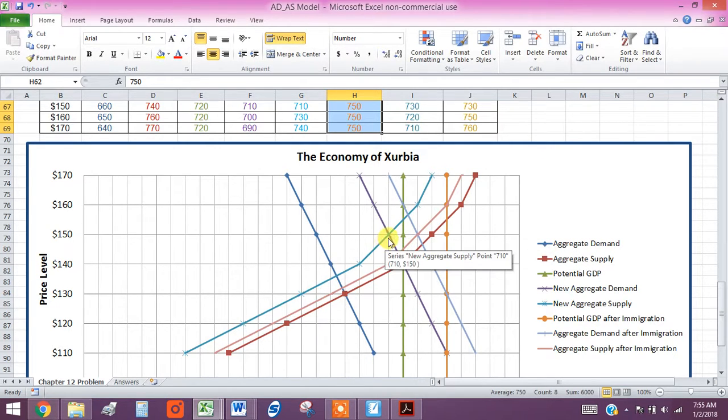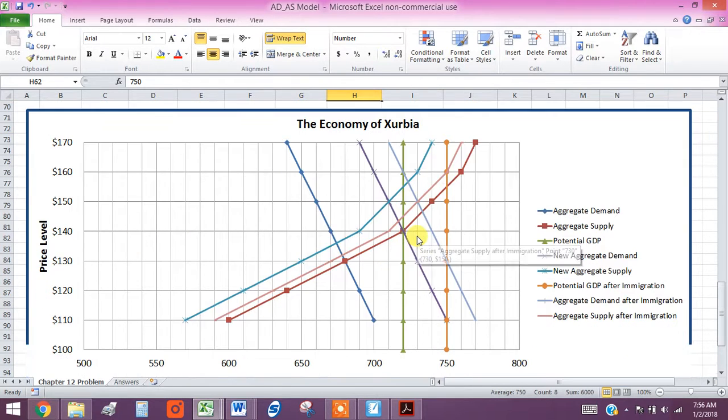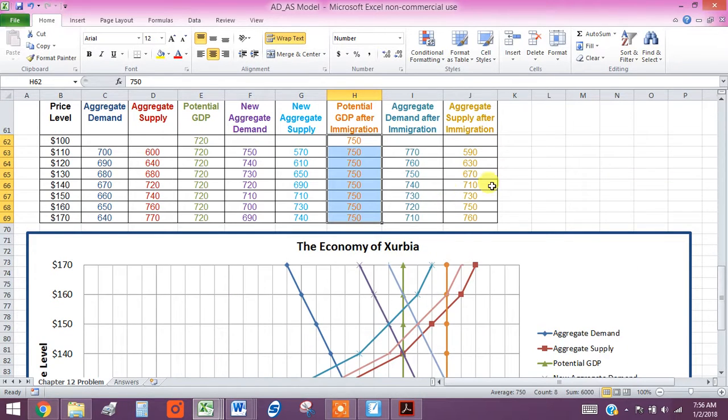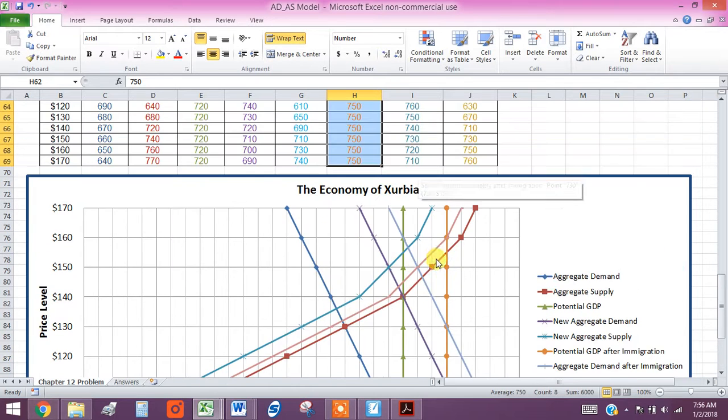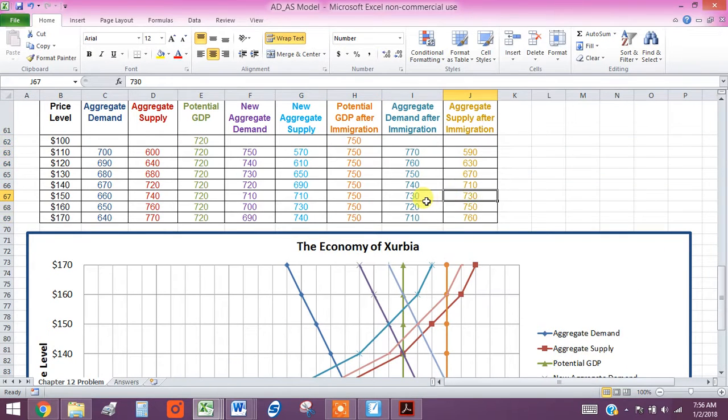Okay, so price level stayed at 150, but our output went up, which is good. Our output went up to 730, right? Right here, 710, 720, 730. Yeah, 30 right there. And you can see it right here in the graph, here and here, with a price level of 150.